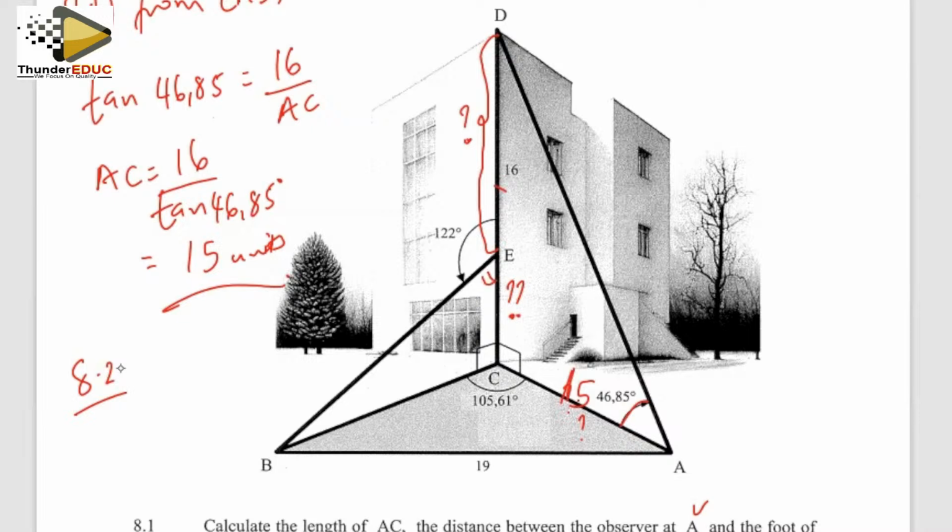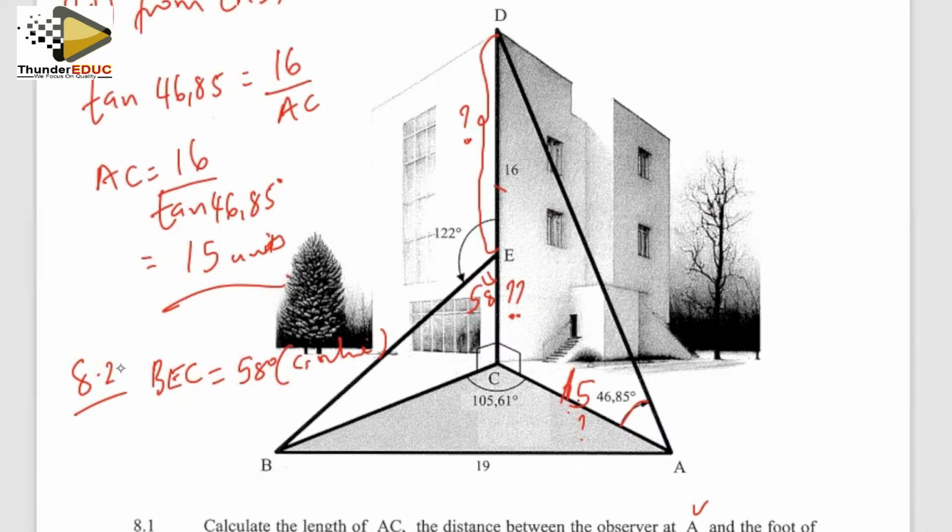Let me start with that and say BEC is 180 minus that, angles on a line, that is 58. Then for me to get this, I'll need BC.